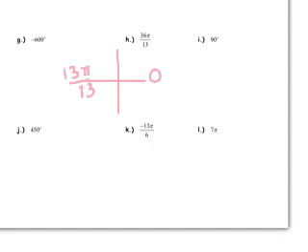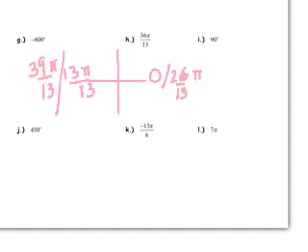Still not there. So this is 26 pi over 13. Still not there. Add 13 is 39 pi over 13. So I've passed it. Now, you can probably just tell that 36 is closer to 39 than 26.